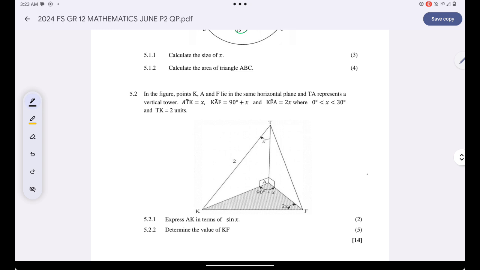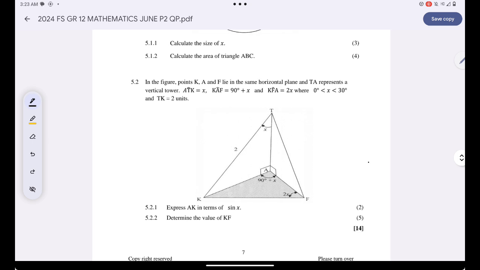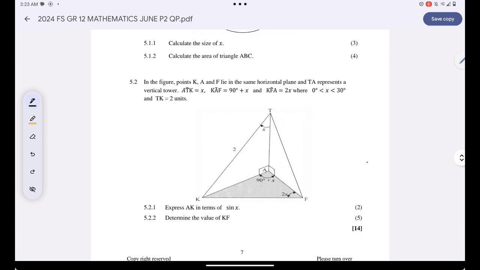ATK is angle X. KAF is 90 plus X. KFA is 2X, where X is between 0 and 30 degrees. We are told that X is an acute angle less than 30. TK is 2 units. Express AK in terms of X.